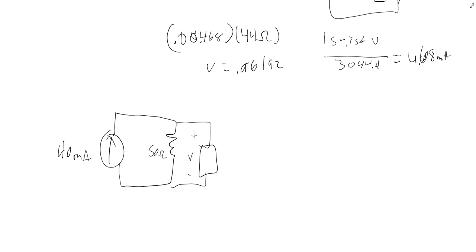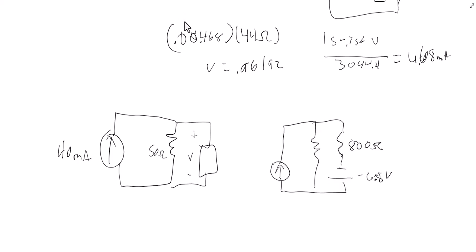So let's try out the model where it would be in breakdown. If we try the top one where it's in breakdown, then I'll model it with an 800 ohm resistor and a minus 6.8 voltage source. We've got a 40 milliamp current source right there.